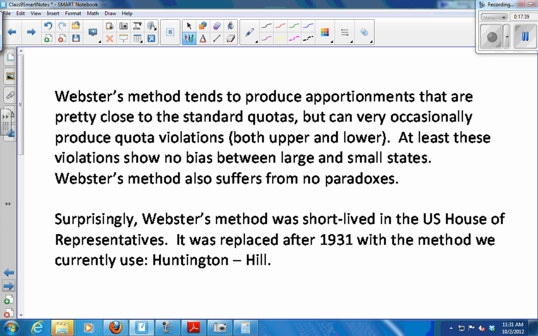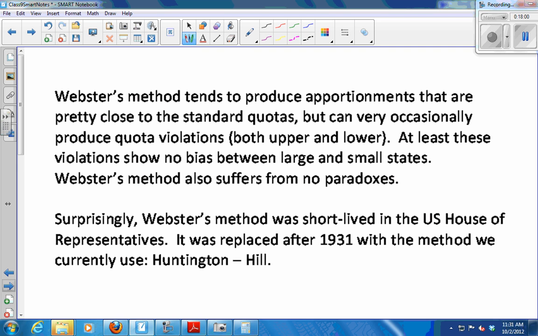So Webster's method actually turns out to be a really pretty good method. It produces apportionments that are pretty close to standard quotas. It very occasionally will produce a quota violation, but not that often. And it produces both upper and lower quota violations, but they don't show any bias between large and small states.